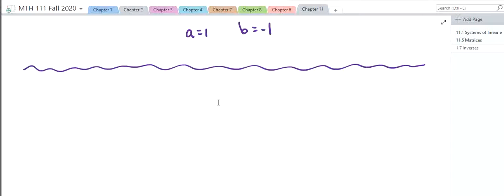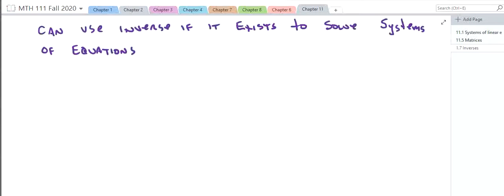Well, now that we have the ability to take the inverse of matrices, we can use this to solve systems of equations.